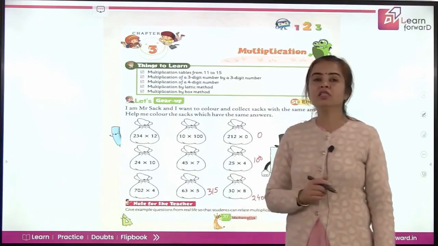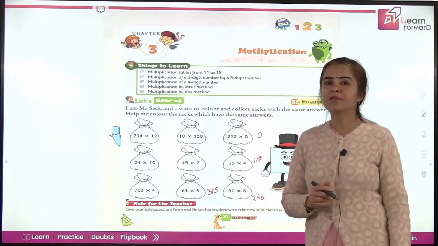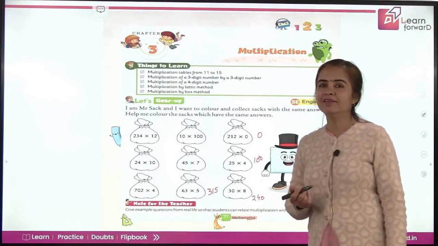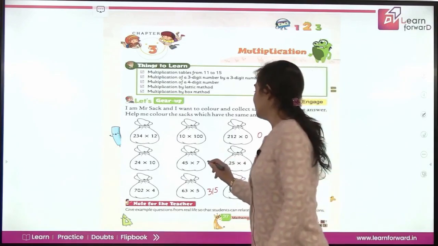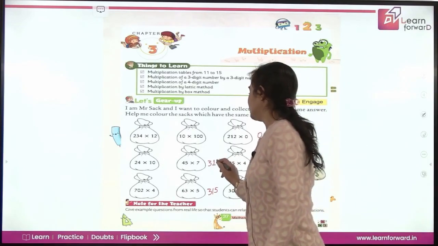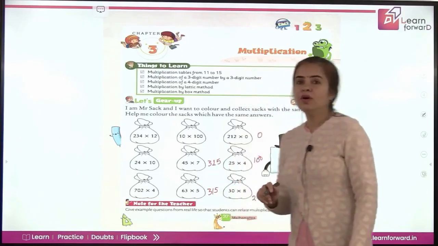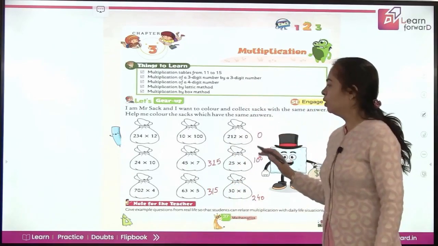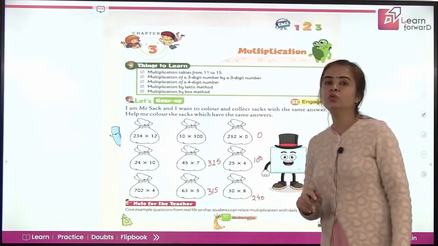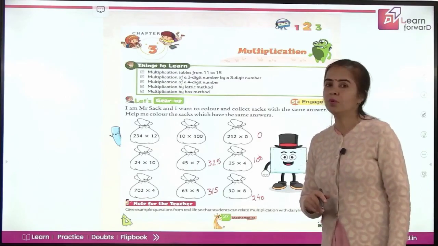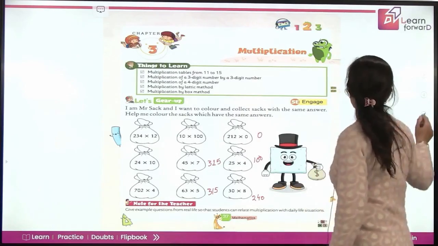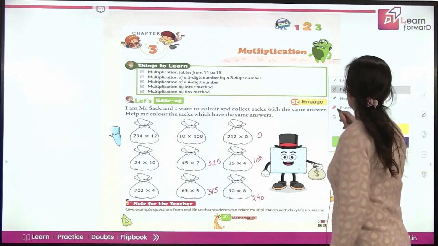Let's move to this. How much is this, children? Come on, calculate and tell me. This is again 315. So, I stop here. Now, we have got at least 2 sacks with the same product. So, we'll be coloring them in the same shade.